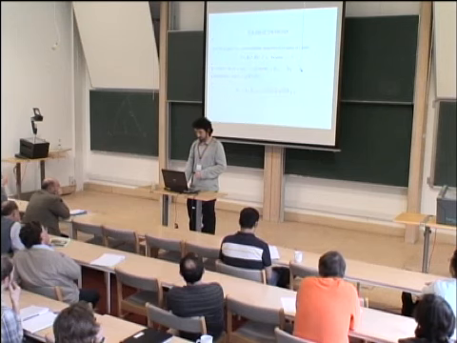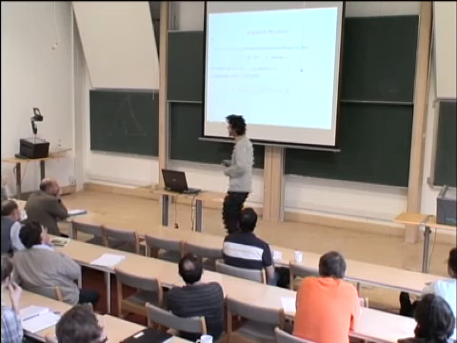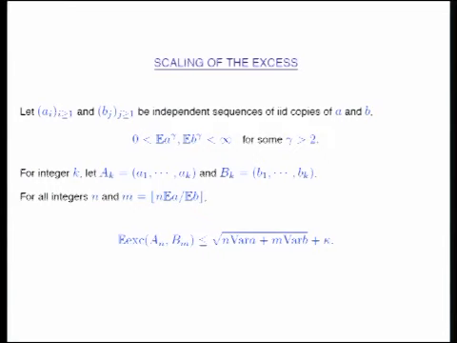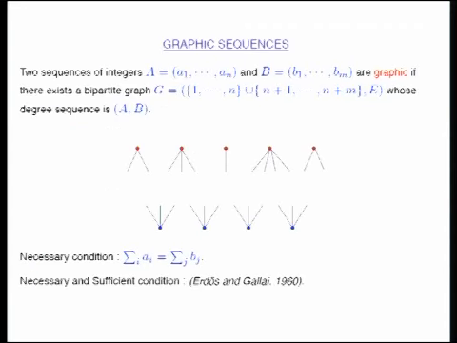So what's the size of this excess? If the sequences A and B have some finite 2 plus epsilon moments, remember the necessary condition that the sum of the A_i has to be equal to the sum of the B_j.